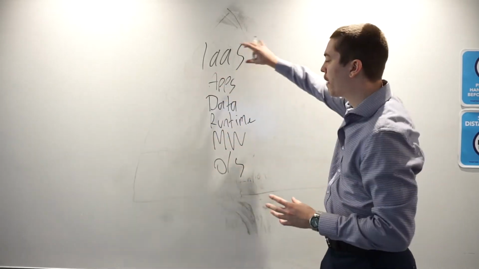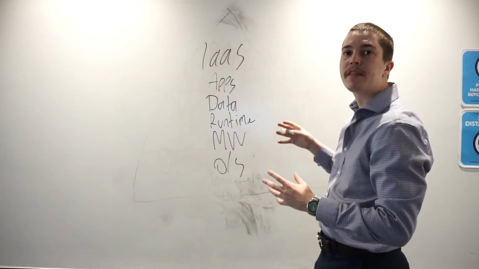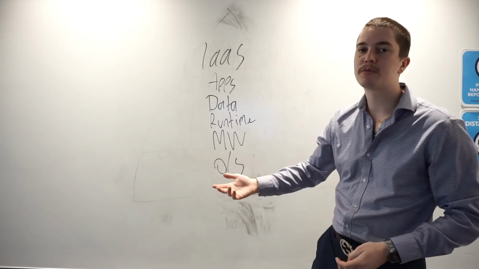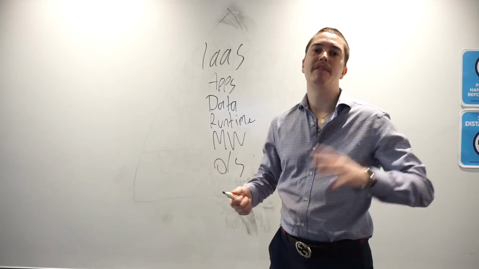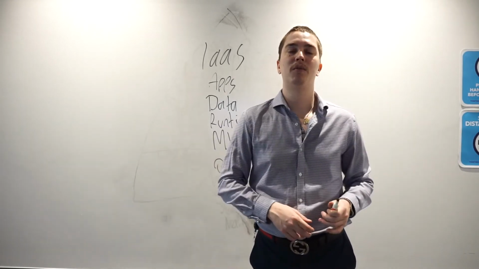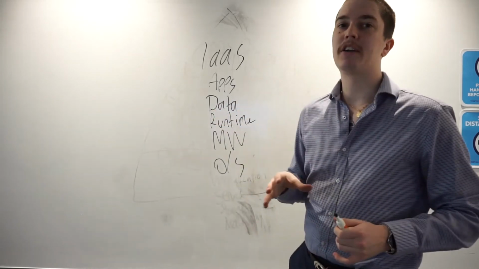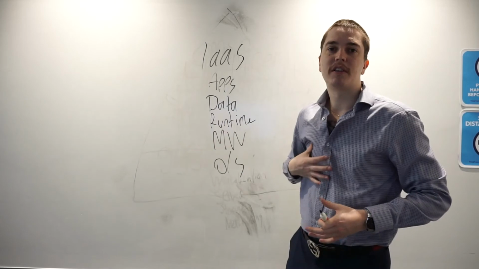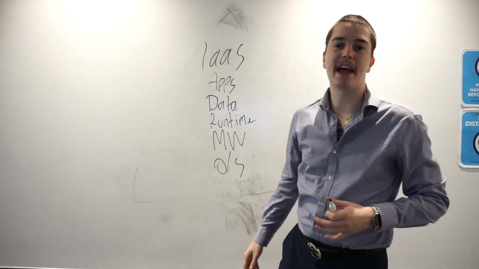So all you manage is the meat of your servers, of what your services are going to do. You manage what kind of operating systems you're running, what kind of code you're doing, what kind of applications you're using, what your runtime is, what's your middleware, what's your data. You manage all of that. You just forget about the physical stuff. Amazon will take care of that.